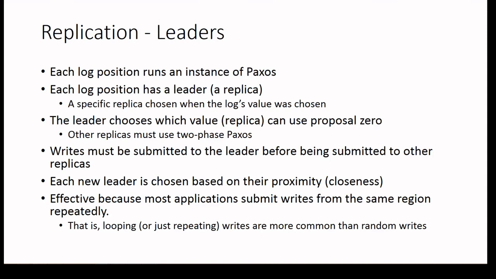This leader can use the proposal 0. Again, I'm not going to go into the details of this, but remember Paxos and remember the importance of the proposal 0. This gives the leader very quick access to the value, whereas other replicas have to use the full two-phase Paxos in order to change that value.